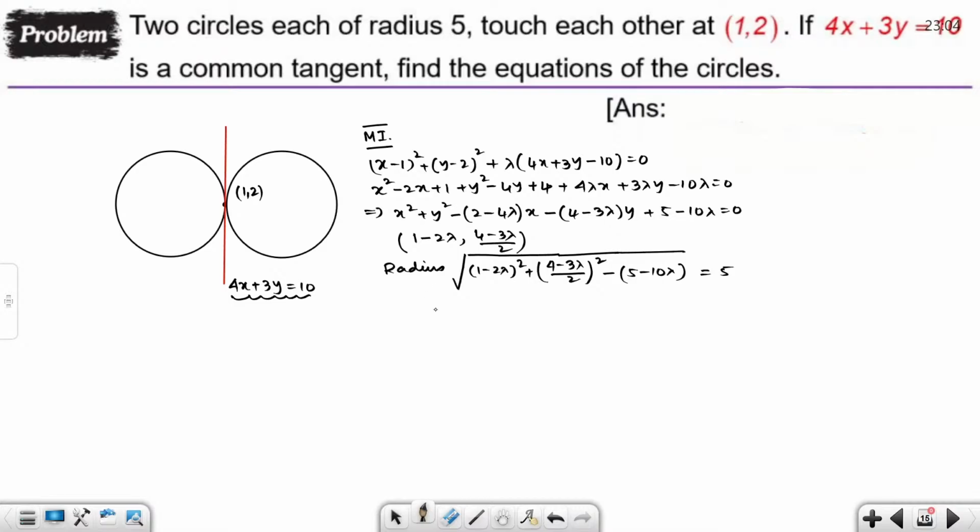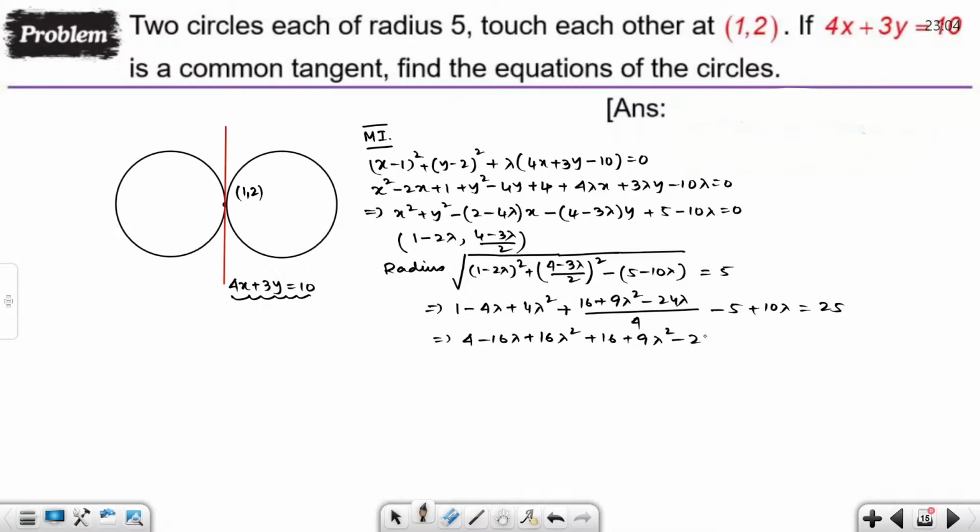So let me solve this equation to get the values of lambda. If I multiply with 4, and now if we simplify, this one will give us 25 lambda square.